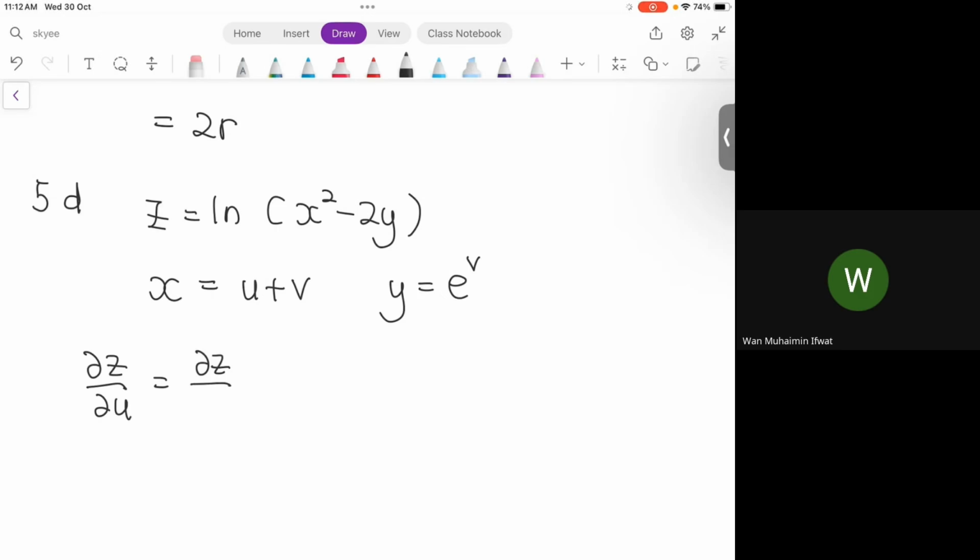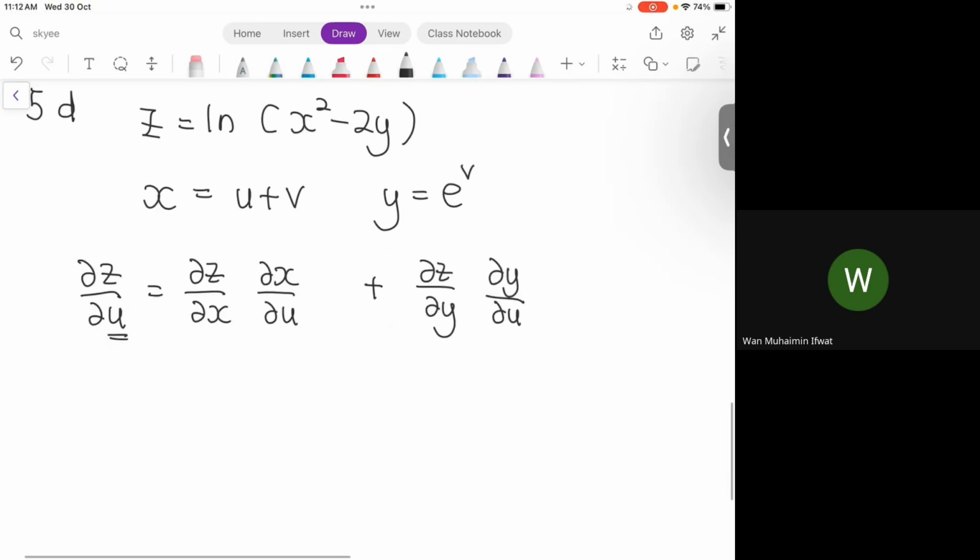So you have del z del x and del z del y, two sections. Then copy the del x, copy the del y here, and look at what they want. They want del u, so you just copy the del u. Now we find out four of them.